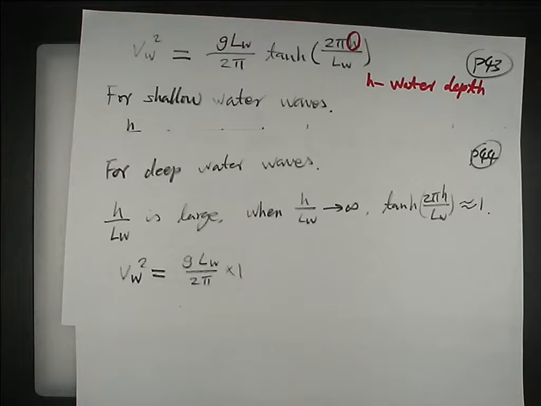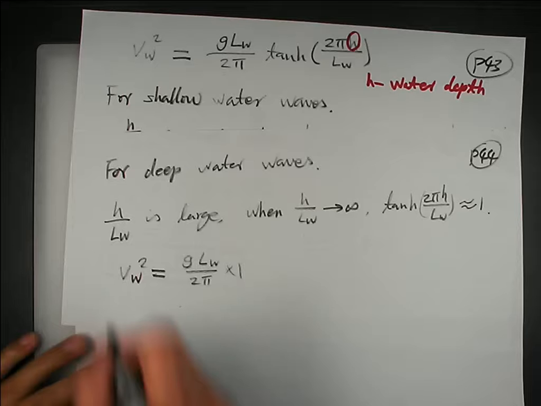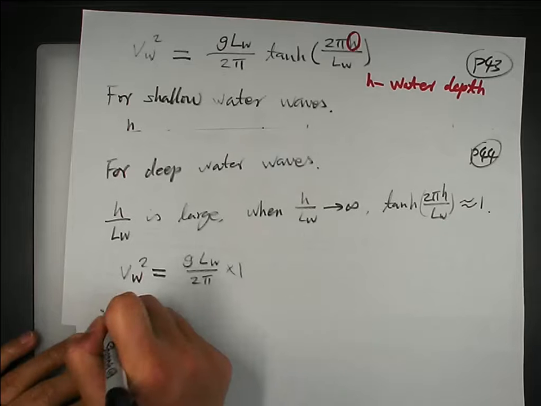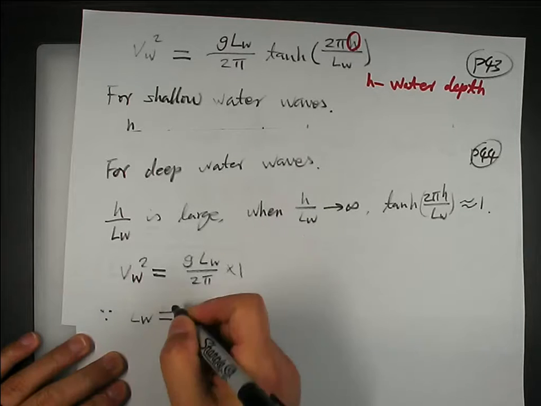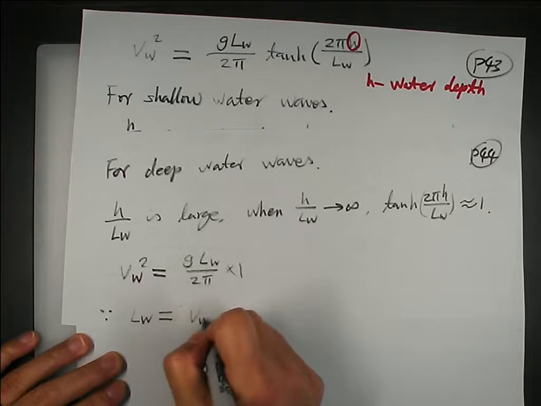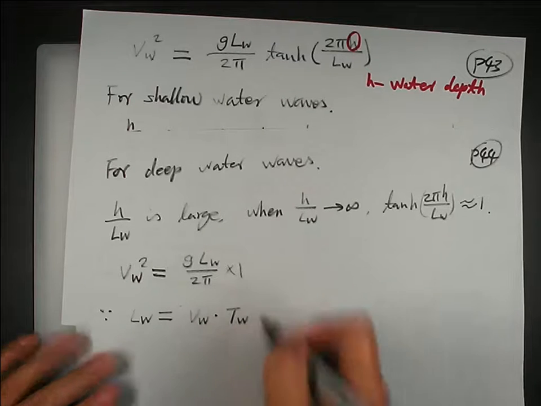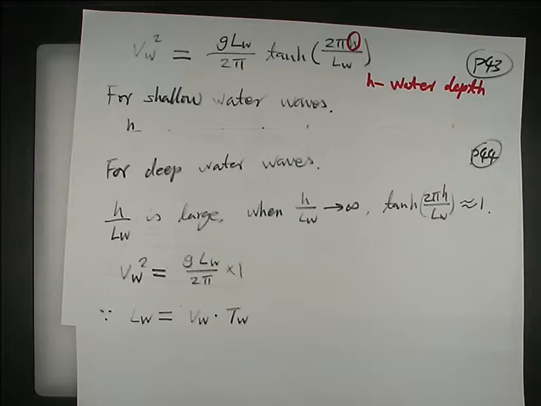Then we got this. What is wavelength? Its wavelength is equal to wave speed times wave period. Right? Then we can substitute this relation into the equation above.